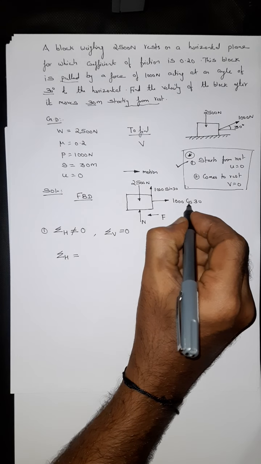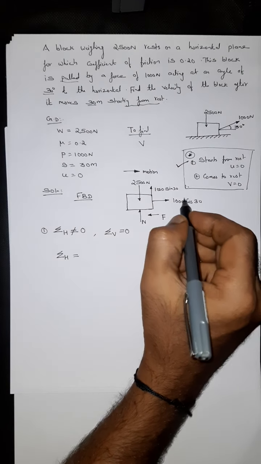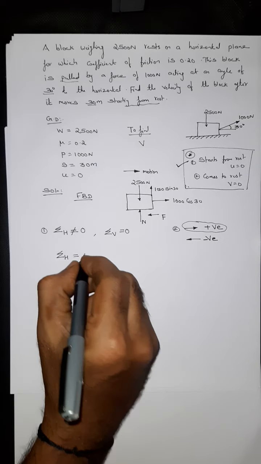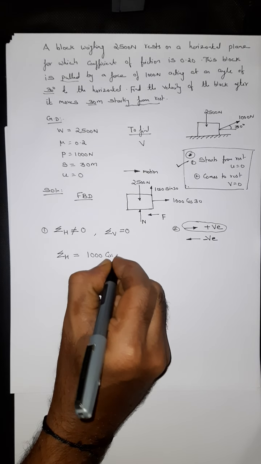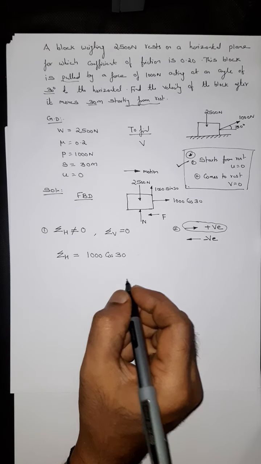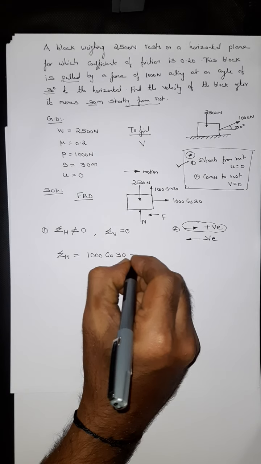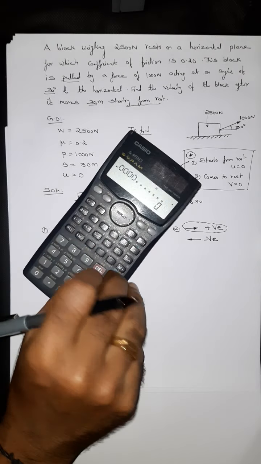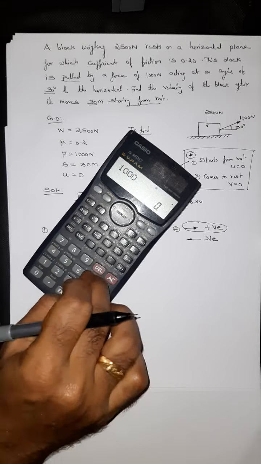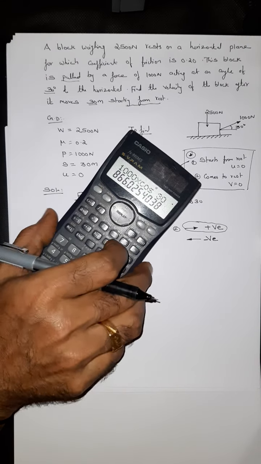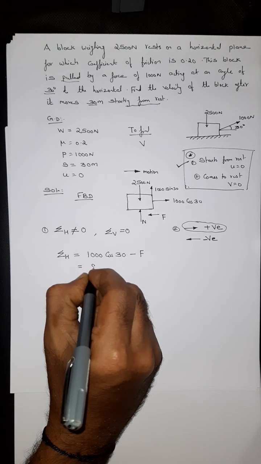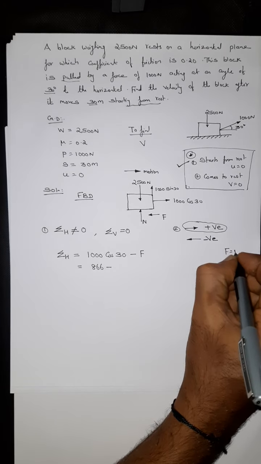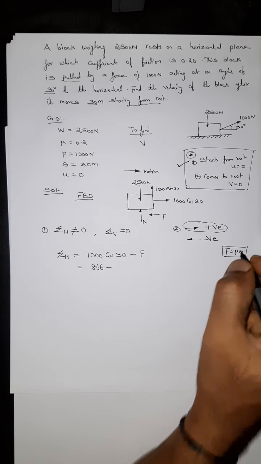So 1000 cos 30, which is in the positive direction because the motion is to the right, and F in the negative direction, minus F. That is 1000 into cos 30, which works out to 866, minus F. F is equal to mu N, the coefficient of friction into normal reaction.